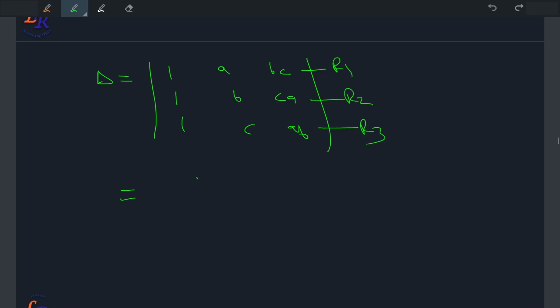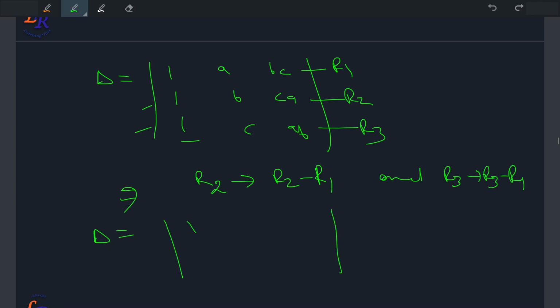How can you make this 0 or that 0? You can easily make it, without affecting the determinant value. You can write R2 is equal to R2 minus R1, and you can also make it 0, so you can write R3 is equal to R3 minus R1, right? It is not going to change the determinant value, and then delta will become like this.